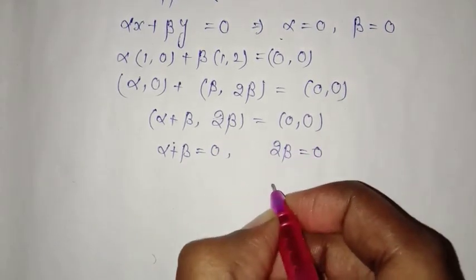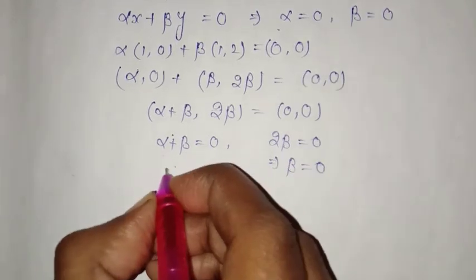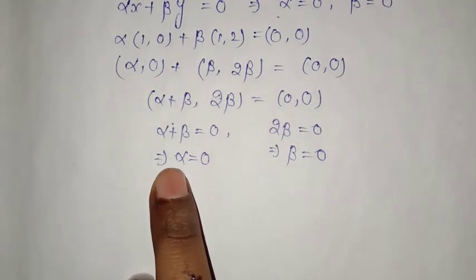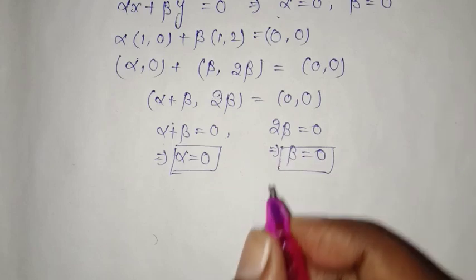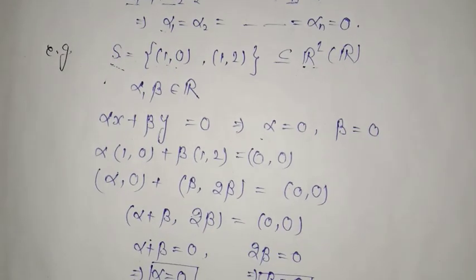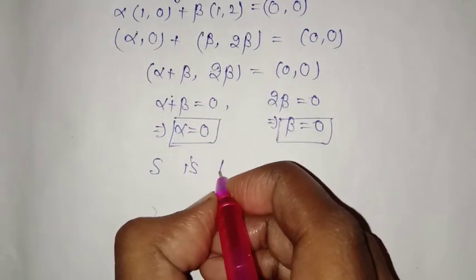Since 2 is not equal to 0, this implies beta must be 0, and from here alpha equal to 0. So both these scalars alpha and beta are 0, and that's the requirement for the set to be linearly independent. So S is linearly independent.